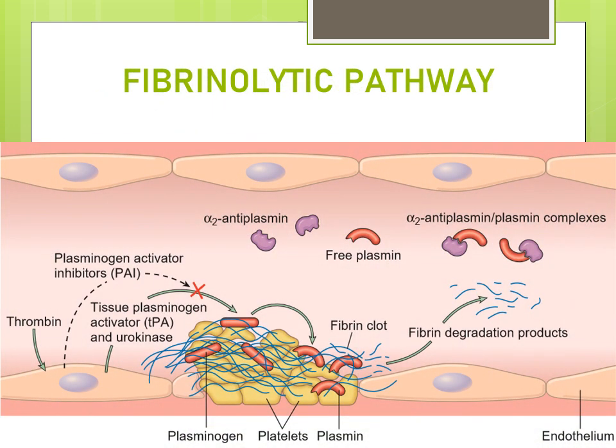This slide shows the fibrinolytic pathway, which mainly involves plasmin. Plasmin is produced in the inactive form called plasminogen in the liver. Plasminogen itself cannot cleave that much fibrin, so it should be activated to plasmin for fibrinolysis to occur. Two important activators of plasminogen are tissue plasminogen activator and urokinase. These are the agents that convert plasminogen to active plasmin, allowing fibrinolysis to occur.